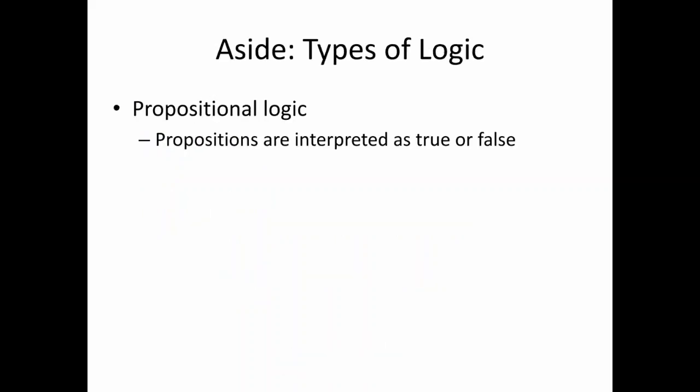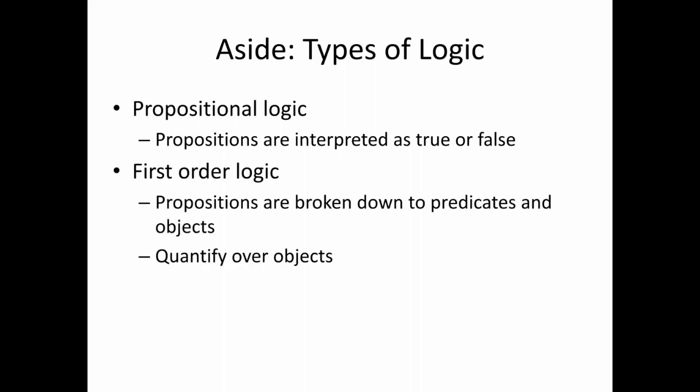Just as an aside, there are many different types of logic. We first looked at propositional logic, where propositions are the smallest unit. In first order logic, propositions are broken down into predicates and objects. Objects are represented using terms.